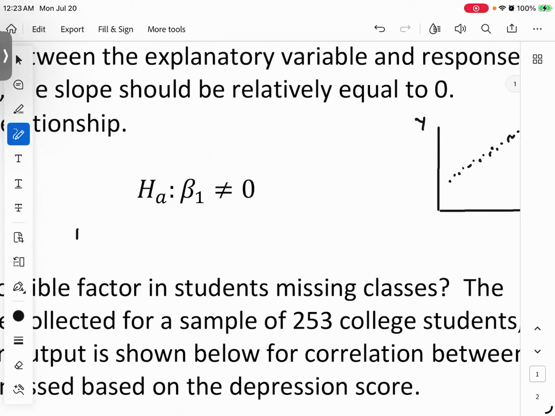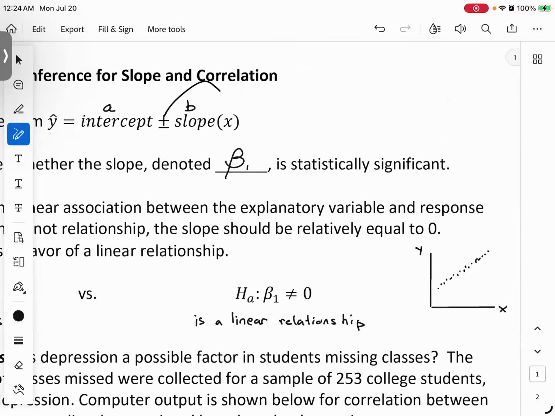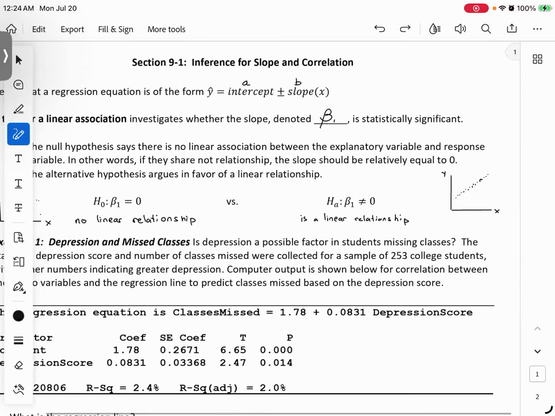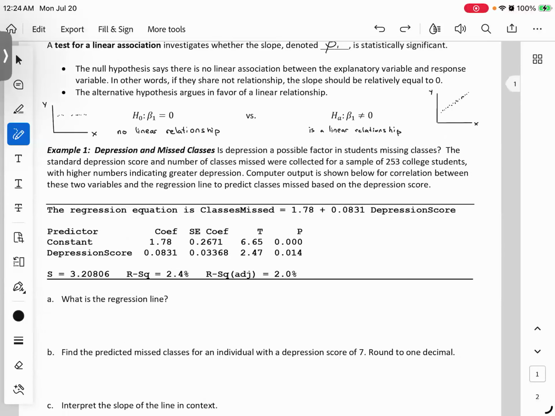So in general, it's saying that there is a linear relationship or association. Specifically, what it's targeting is the slope, that this slope right here is not going to be zero, either positive or negative.